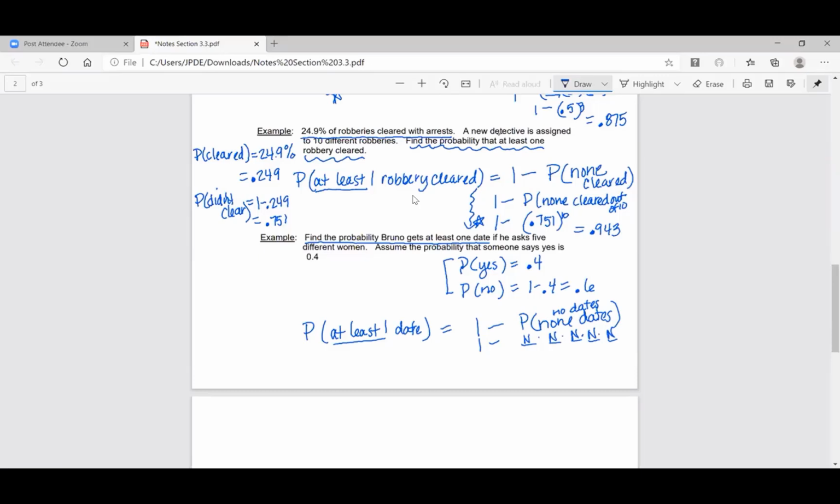They're independent events because the person that he asked, I don't think they're going to know that the other person said no. So this is 1 minus 0.6 times 0.6 times 0.6. So that's going to be 0.6 to the 5th. All 5 people said no. And we get 0.922.